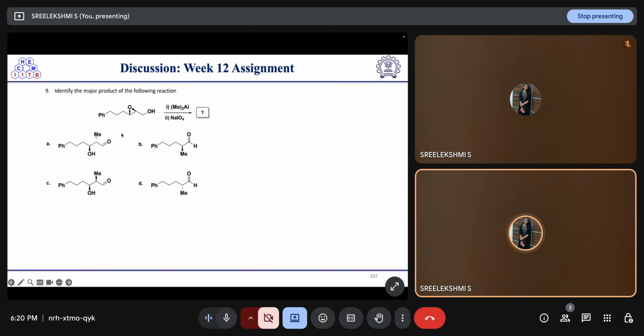Moving to the next question, identify the major product of the following reaction. So this compound upon treatment with trimethyl aluminum and NaIO4, which will be the major product here?